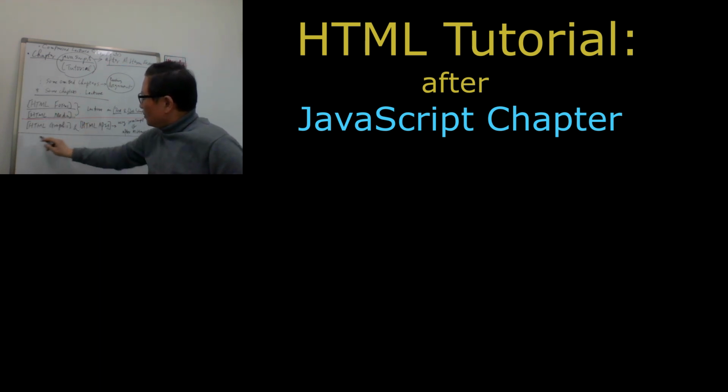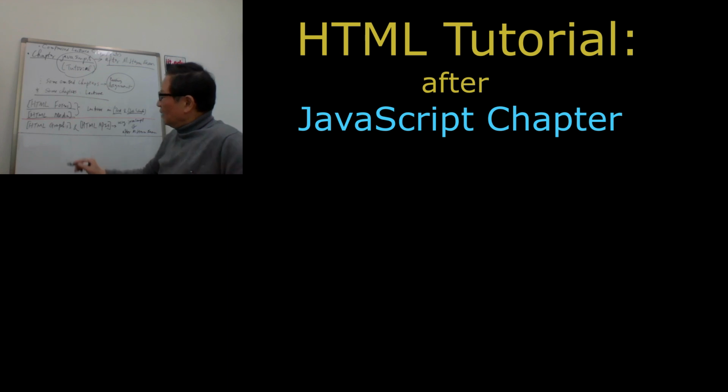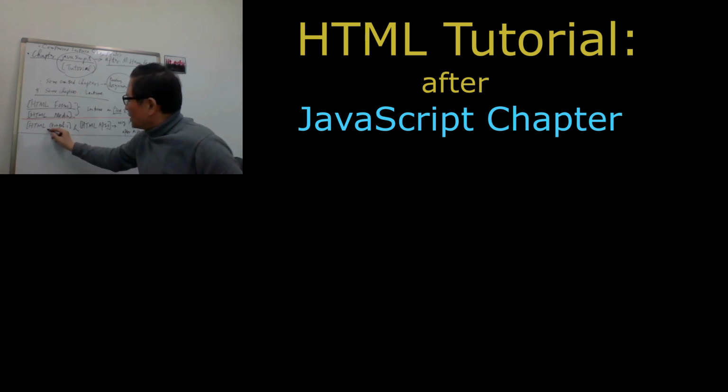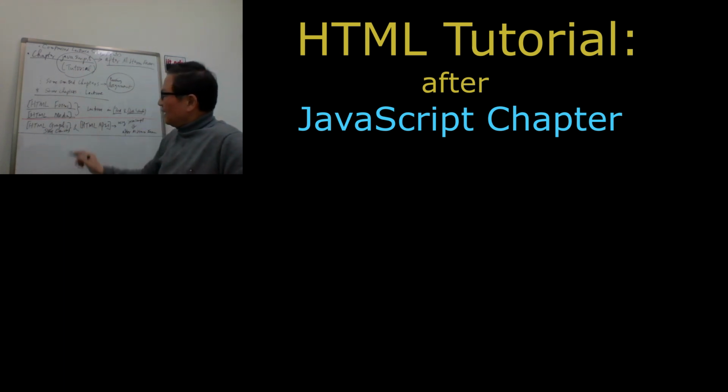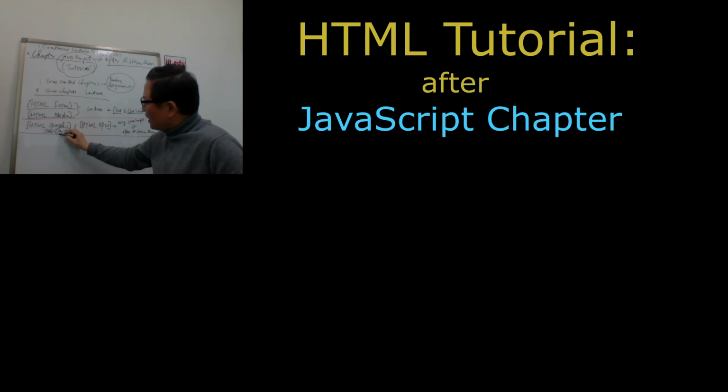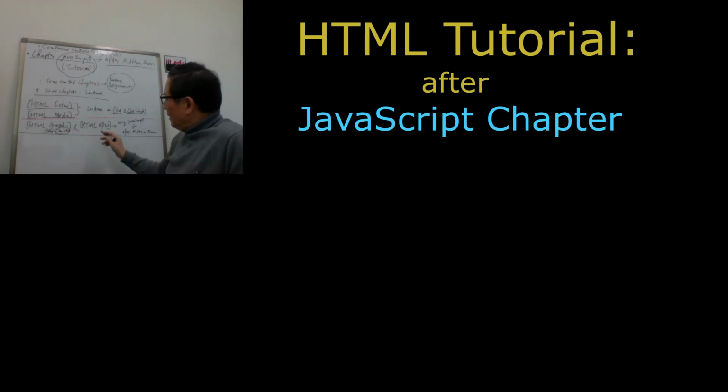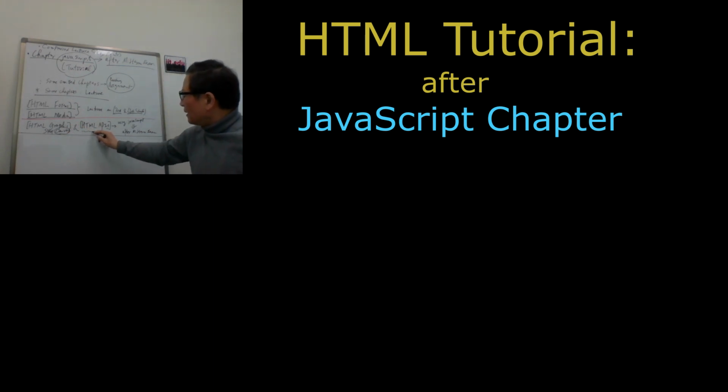But some sections, like HTML graphics, that is scalable vector graphics and the canvas, those two chapters are included there, and this one is using JavaScript. And after that, HTML APIs. There are many chapters, and those are using JavaScript.